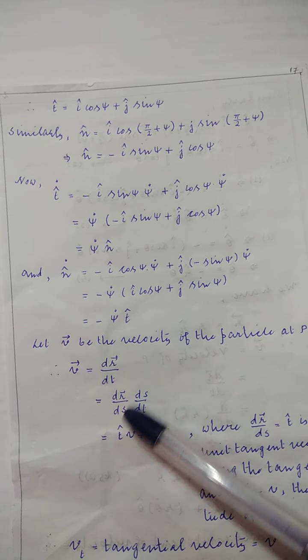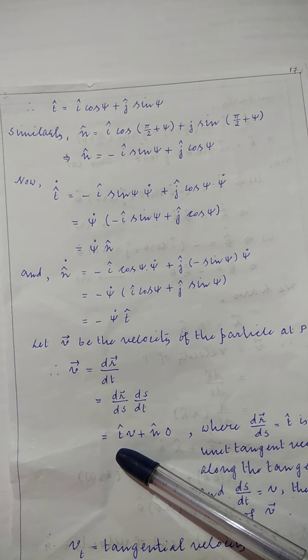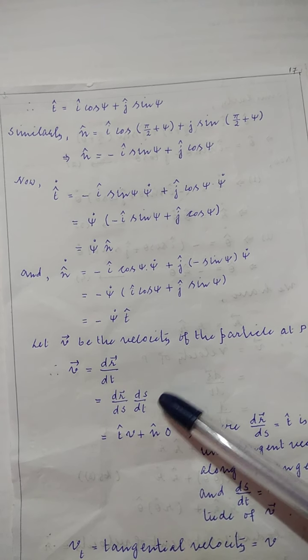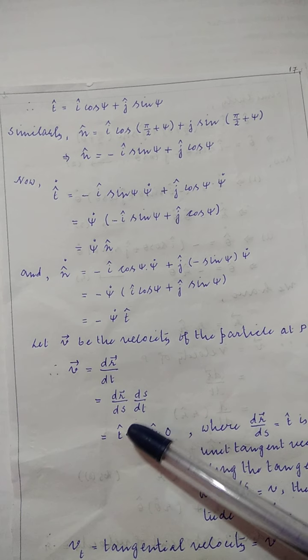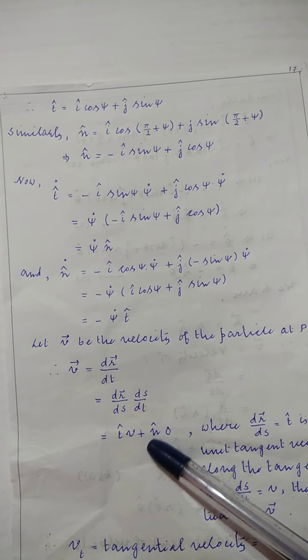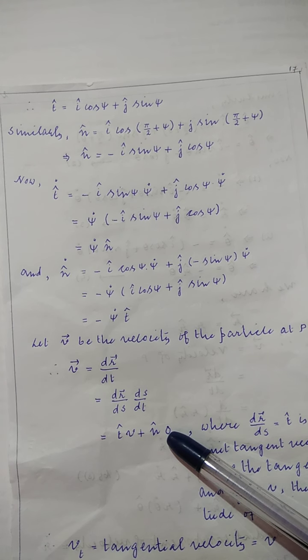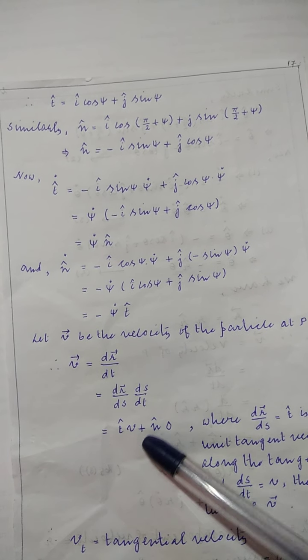And dr bar by ds is the unit tangent vector along the tangent at P. So we can write t cap v. Here the other term we can express this way: it is n cap 0. That means the normal component of velocity is 0. So v bar we can write as t cap v plus n cap 0.